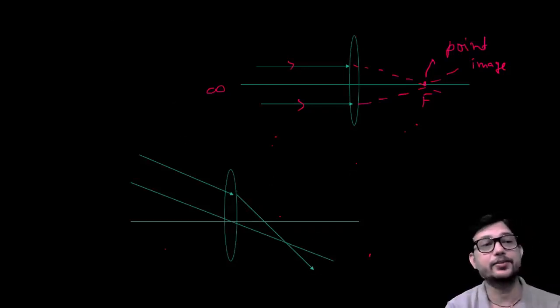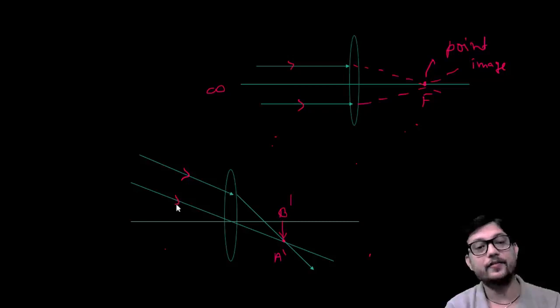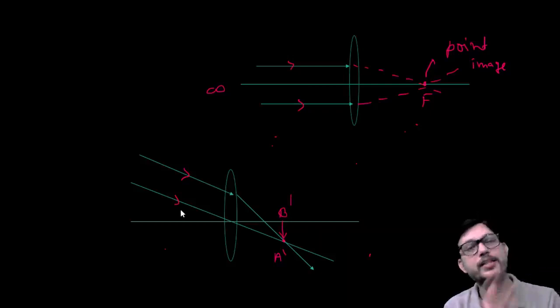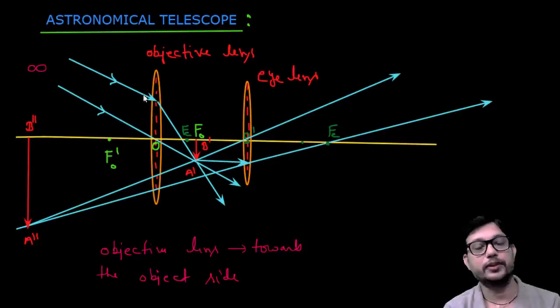And here we get a point of intersection, and this is your image A dash and B dash. So I hope and believe that now the criteria is clear, that why we are not choosing the rays parallel with the principal axis but parallel to itself. Means we are not considering this diagram for the objective lens, but we prefer this diagram for the objective lens. You can see here this one.